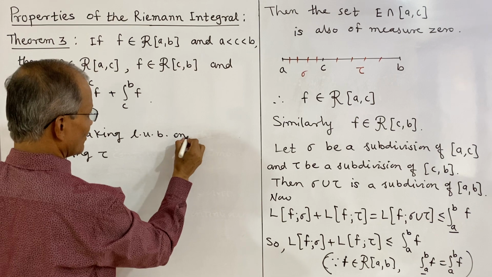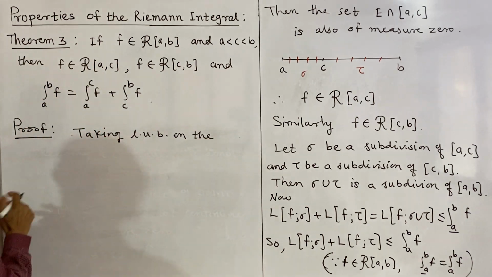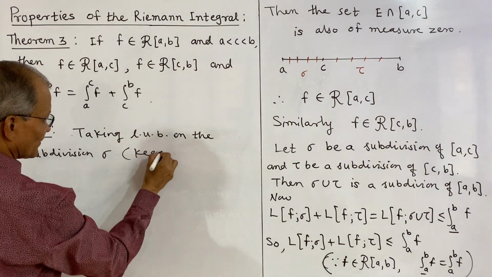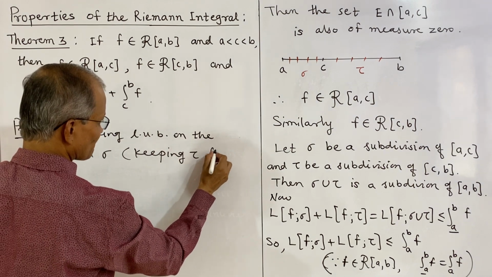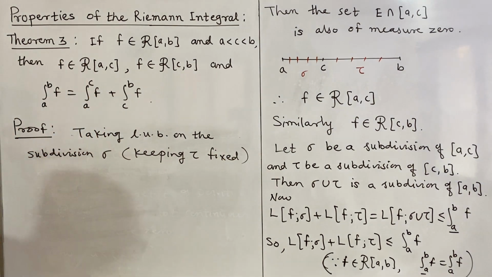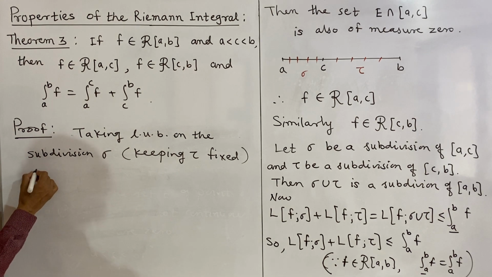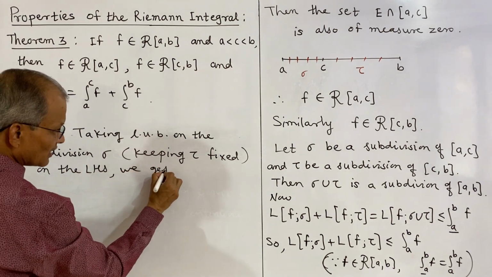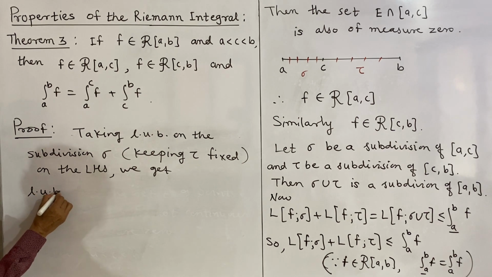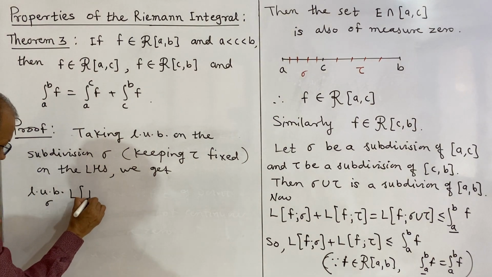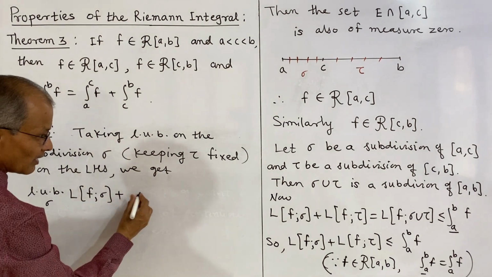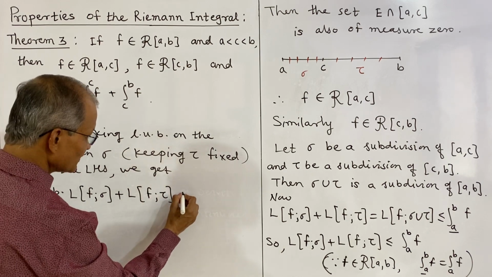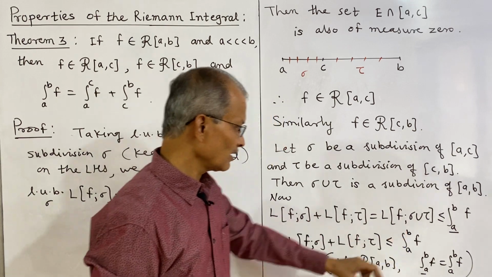So taking the LUB on the subdivision sigma, keeping tau fixed, on the LHS we get the LUB over sigma of the lower sum of f on sigma, plus, keeping the second term as it is, the lower sum of f on tau, which is less than or equal to the integral a to b of f.